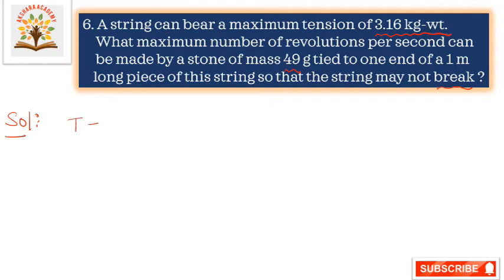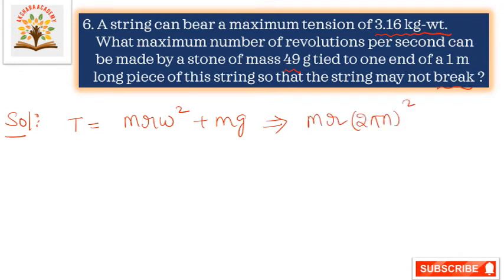Tension T is equal to m r omega square plus mg. Here we are writing omega as 2 pi n. So T is equal to m r (2 pi n) whole square plus mg.